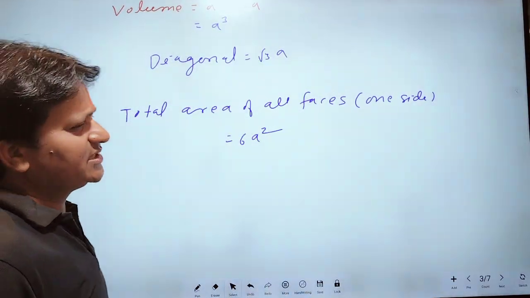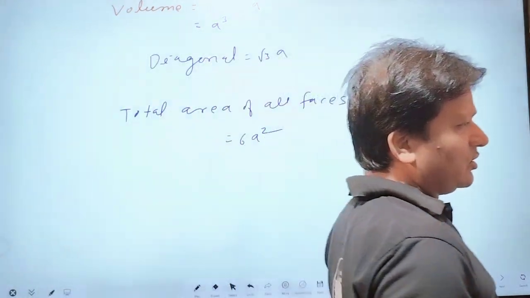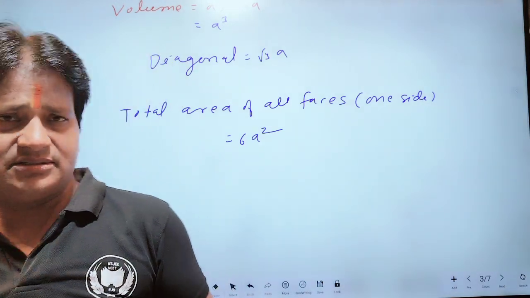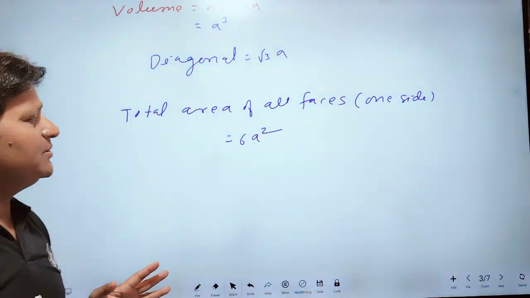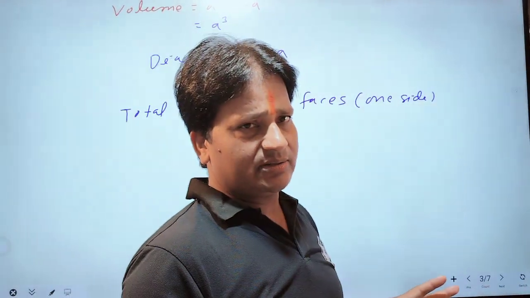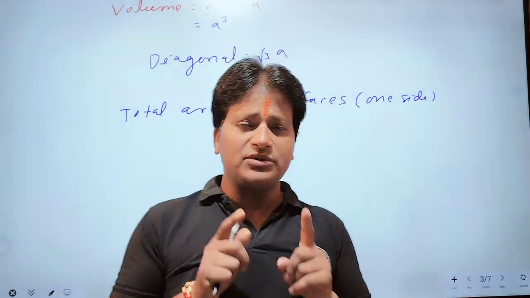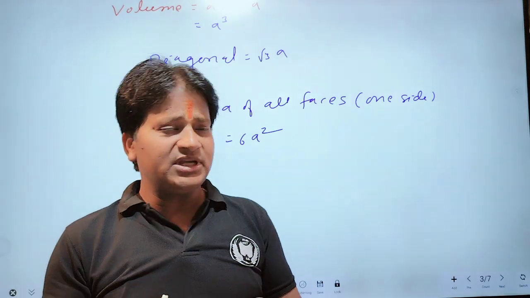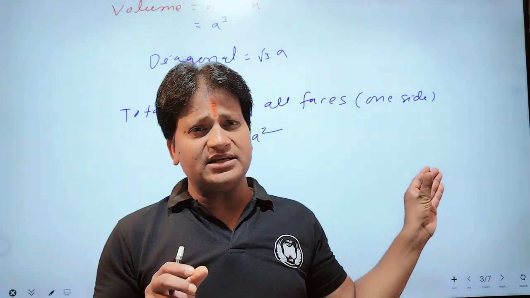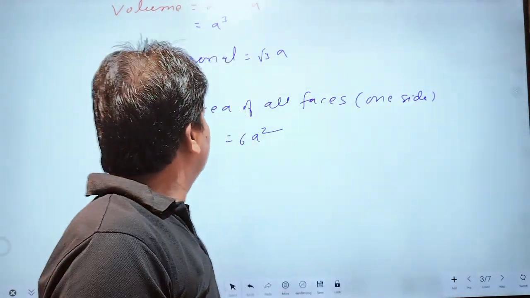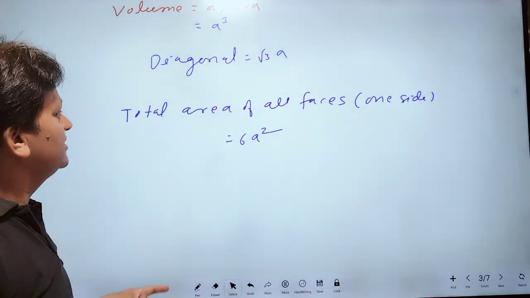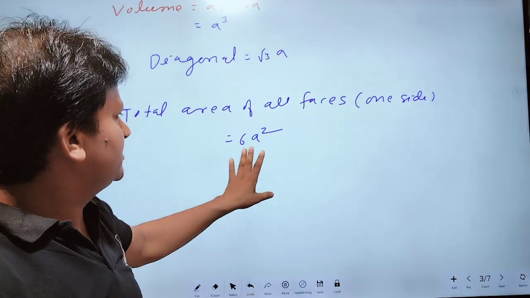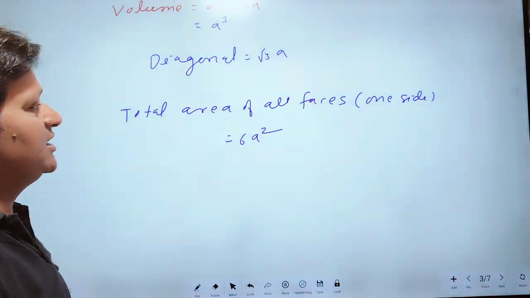Therefore, total surface area on both sides of all faces will be equal to 12a squared. But if you take one side, by assuming thickness of wall is negligible, then total surface area of all faces will be equal to 6a squared.